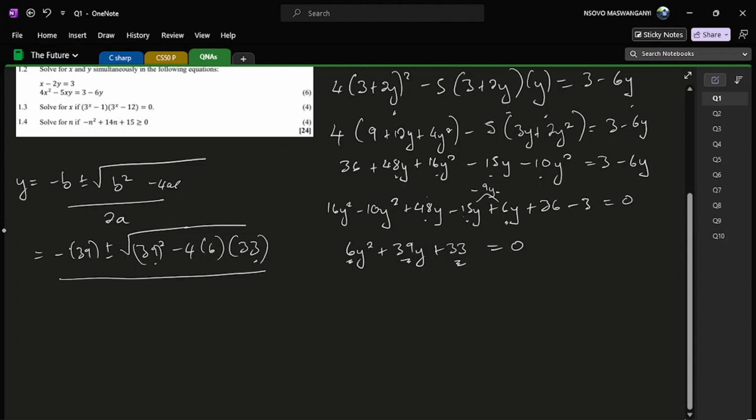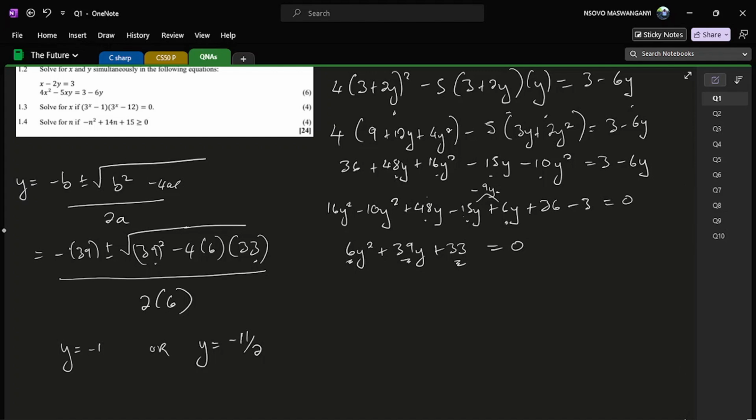So let's see how it turns out. So we have 2 and then it's right there. So I'm going to punch this on my calculator so you can do the same as well. I found my y's to be negative 1 or negative 11 over 2 right there. So if these are incorrect, shout out in the comment section.